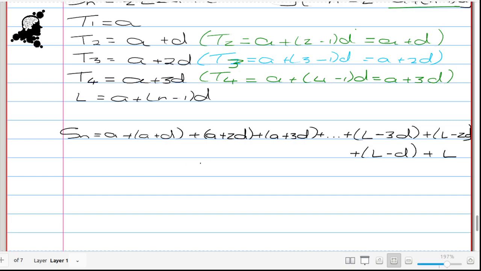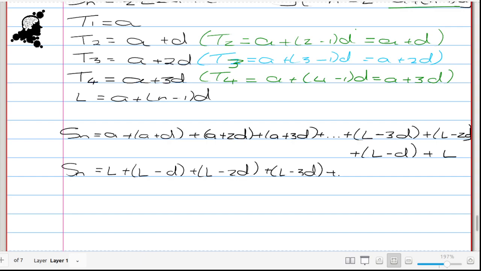Now to get to the second part, we could basically take this sequence and write it in reverse, because when you were in primary school, they taught you that 5 plus 3 is the same as 3 plus 5. So let's take this Sn that we have up here and write it in reverse. I'm going to start with my last term, then L minus D, then L minus 2D, then L minus 3D.